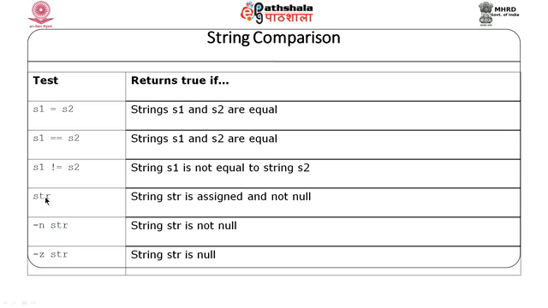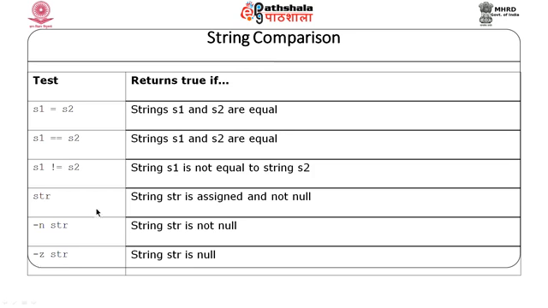There are two ways of representing a string. If the string is assigned and it is not null, we can test using str, or if the string is not null, we can use -n str, and if the string is null, we can use -z str.